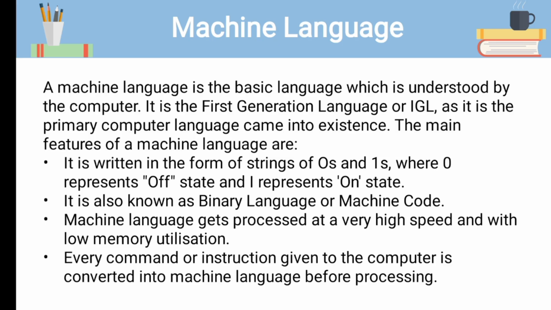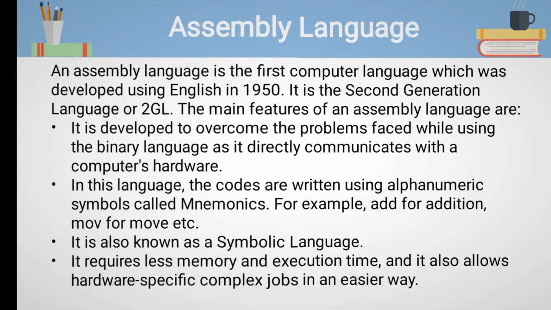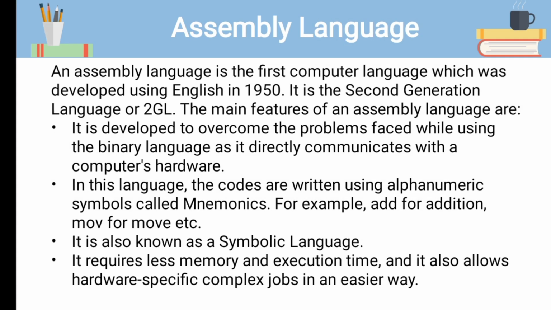Now let's learn about assembly language. Assembly language is the first computer language which was developed using English, in 1950. It is a second generation language, or 2GL. The main features of assembly language are: it was developed to overcome the problems faced while using binary language, as it communicates directly with computer hardware.